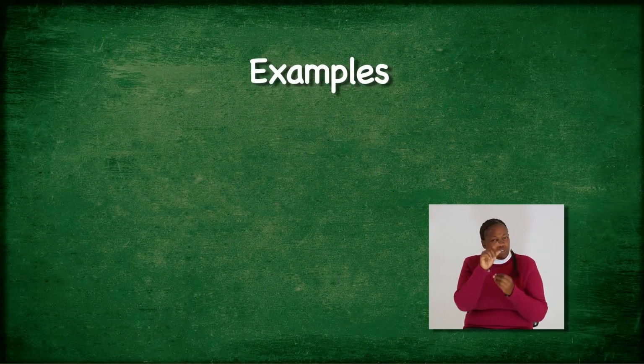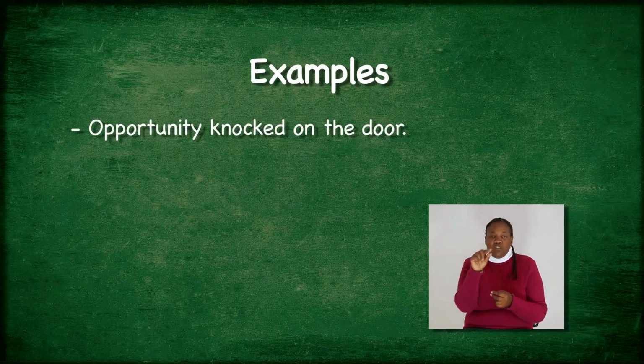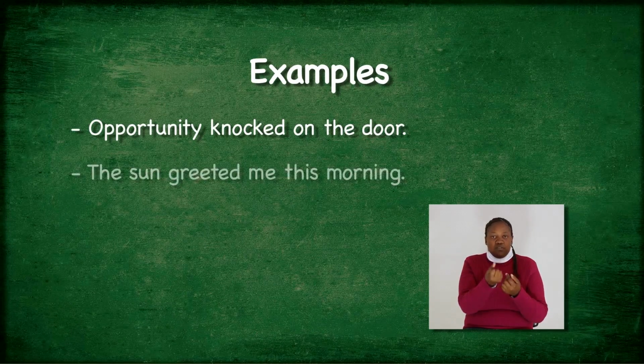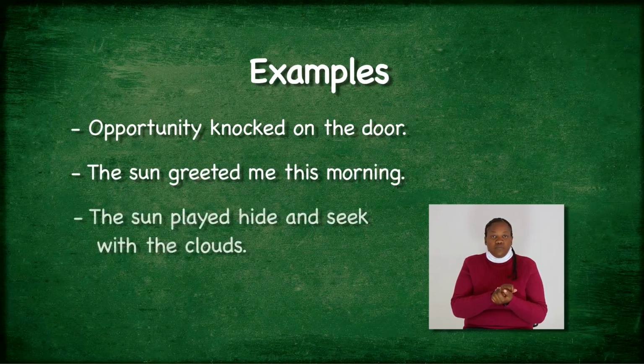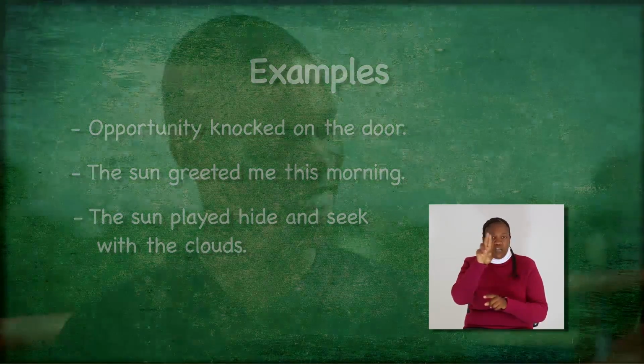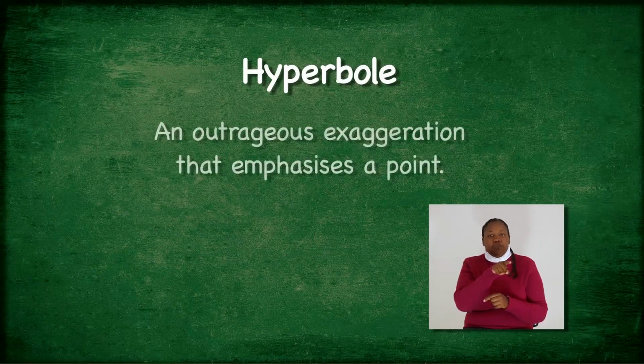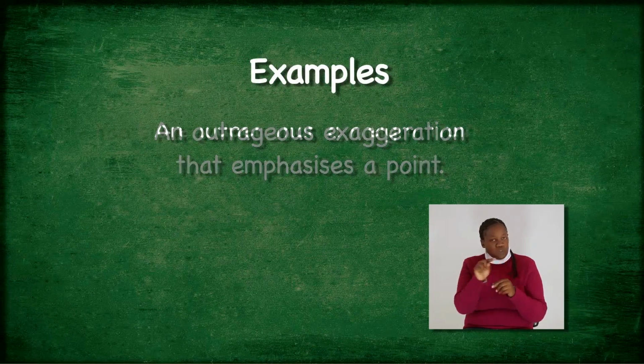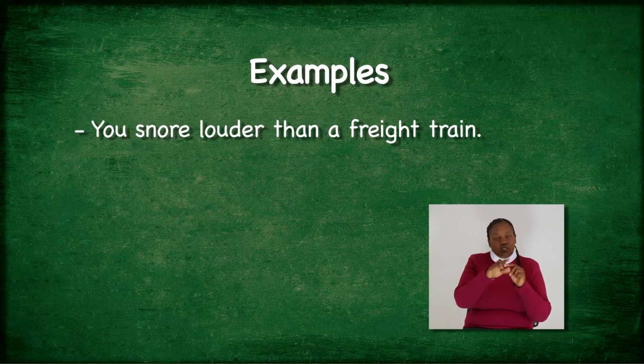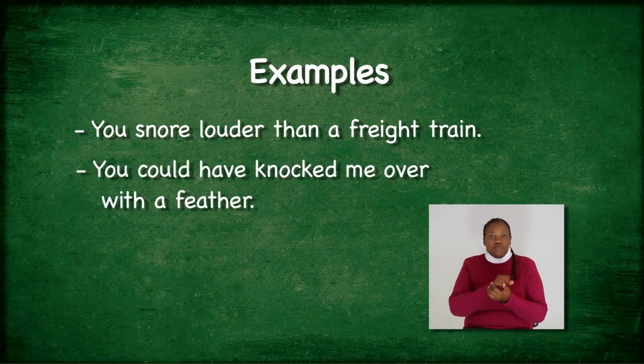For example, this phrase, opportunity knocked on the door. The sun greeted me this morning and the sun played hide and seek with the clouds. That's good. I'll do the hyperbole, which is an outrageous exaggeration that emphasizes a point. For example, you snore louder than a freight train. You could have knocked me over with a feather.